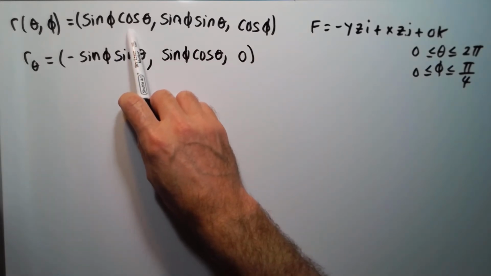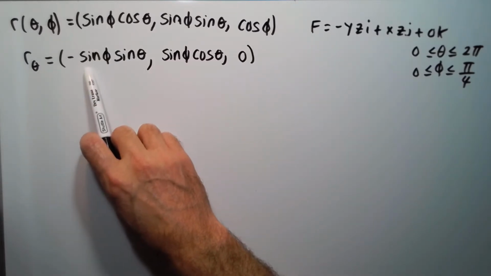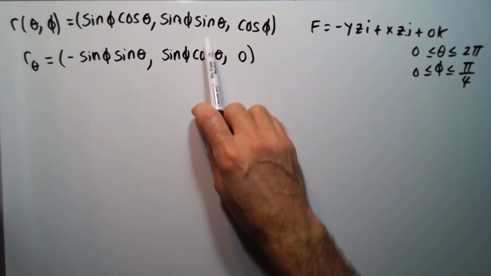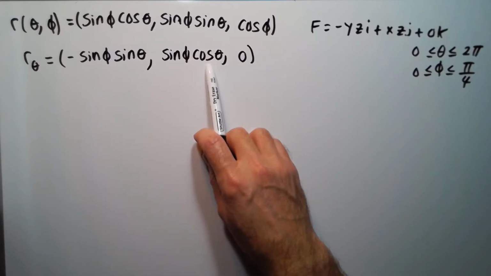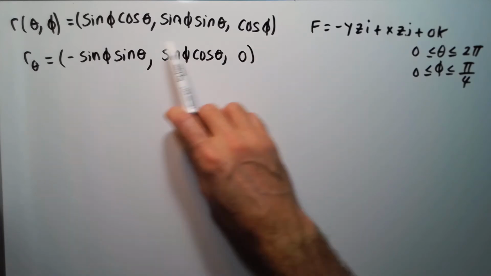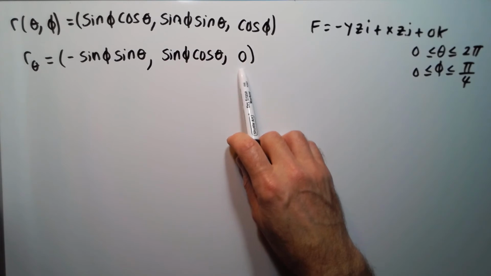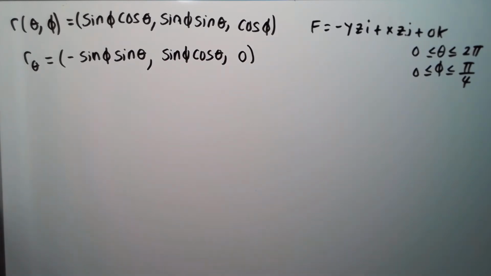Well, derivative of cosine would be minus sine, and that just stays, so it'll be minus sine phi sine theta. Then this one over here, derivative of sine theta would be cosine theta. And derivative of cosine phi with respect to theta would be 0 because that's just a constant, so it'd be this.